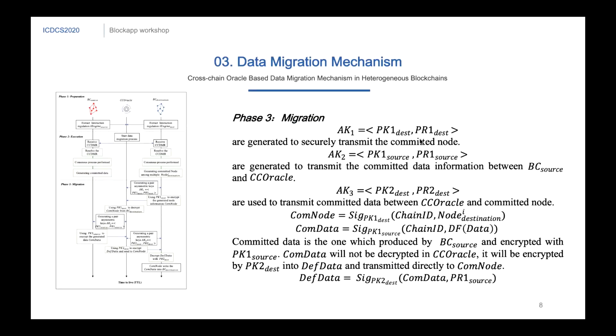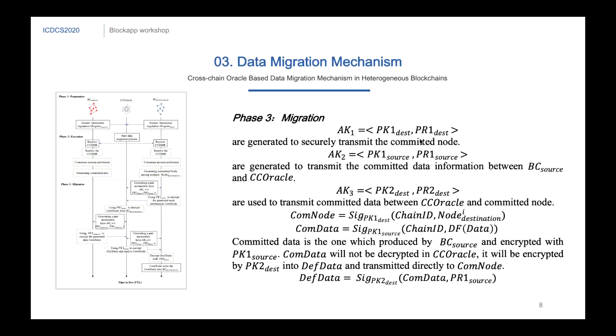AK1 is generated to securely transmit the committed node, and AK2 is generated to transmit the committed data information between BC source and CC Oracle, and AK3 is used to transmit committed data between CC Oracle and committed node.